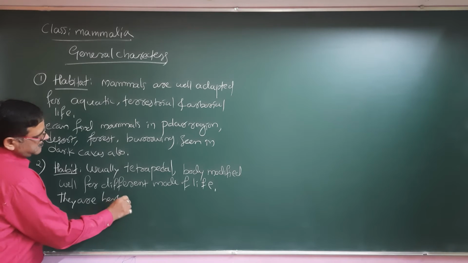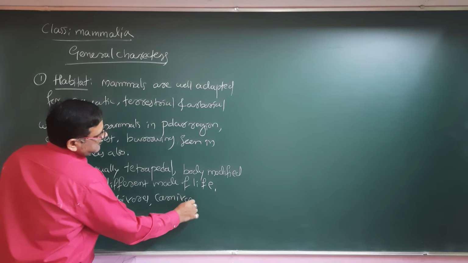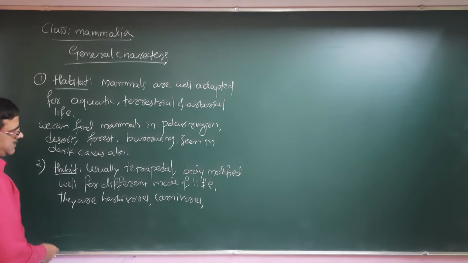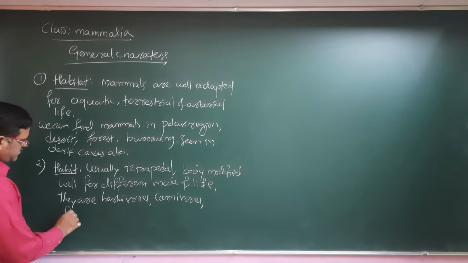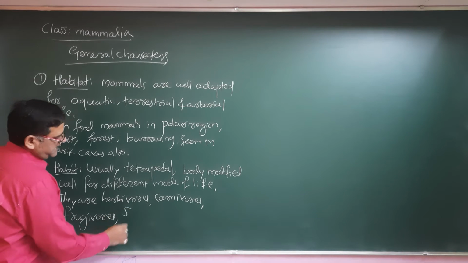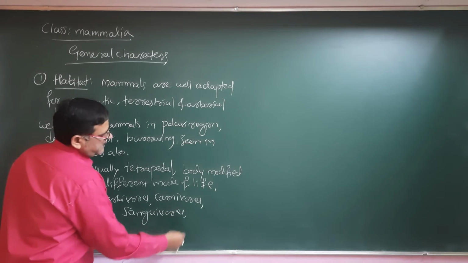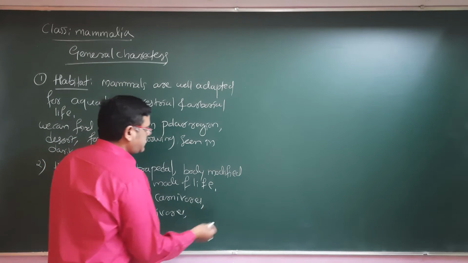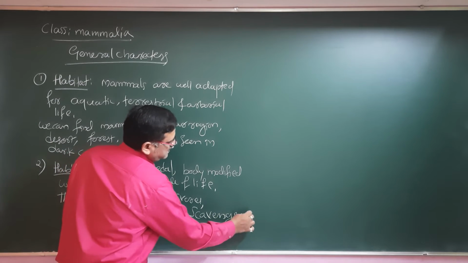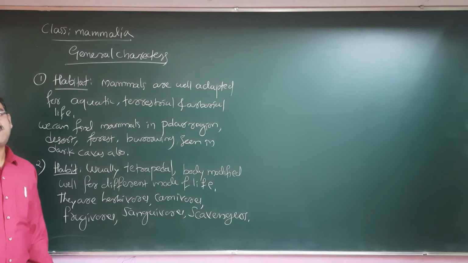herbivores, carnivores, frugivores, they can be sanguivores, they can be scavengers also, the ones which eat the dead decaying animal matter such as hyenas.